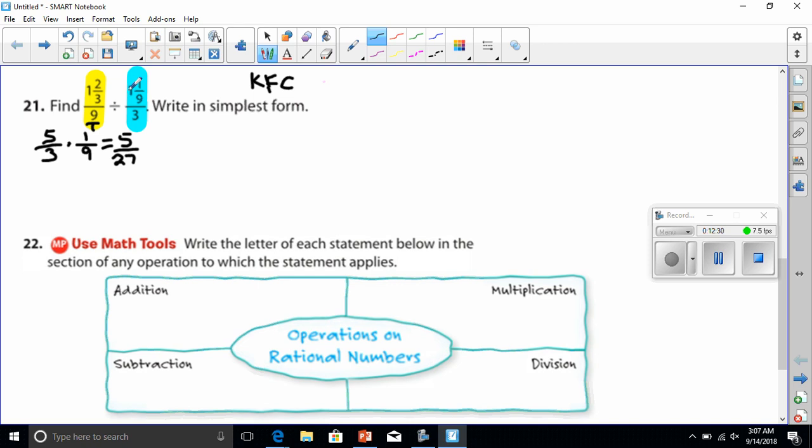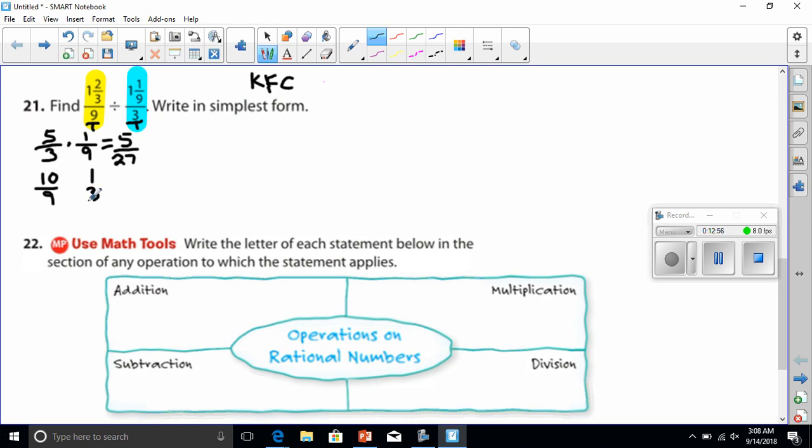9 times 1 is 9, and 9 plus 1 is 10. So our first number will be 10 over 9. We're going to flip the bottom number, and again, we see a whole number. So we'll simply remember that any whole number over 1 equals itself. So we change 3 over 1 to 1 over 3.